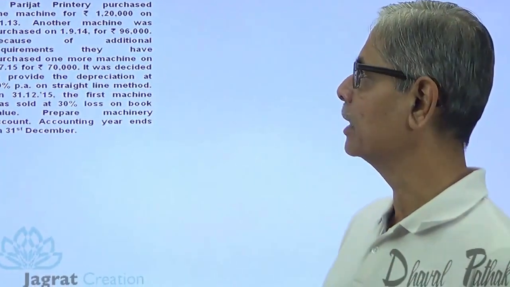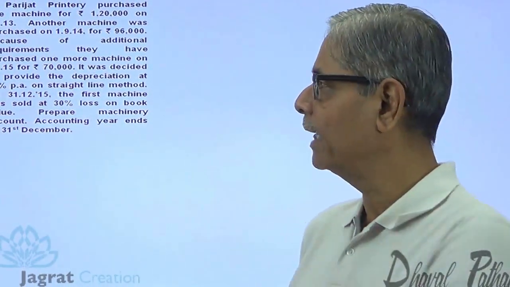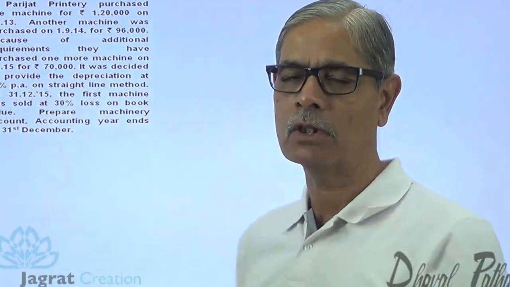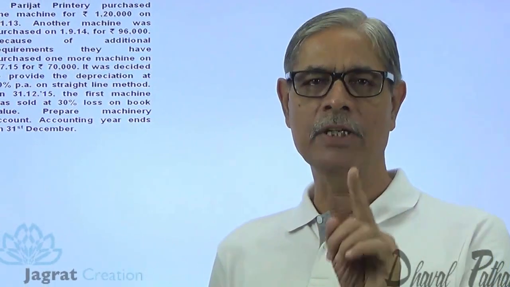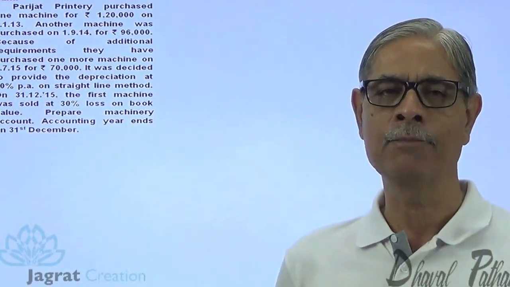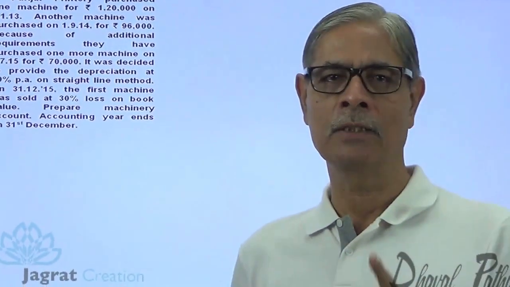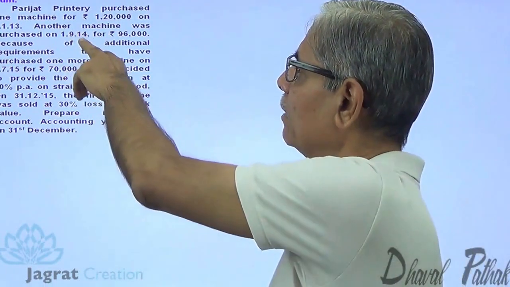Now think of second machine. Second machine is purchased on 1/9/2014. We are required to prepare books of accounts up to 31st of December 2015. So in 2014, the machine is used right from 1st of September to 31st of December. So in 2014, depreciation is to be provided for September, October, November and December. 4 months depreciation is required to be provided for the year 2014.